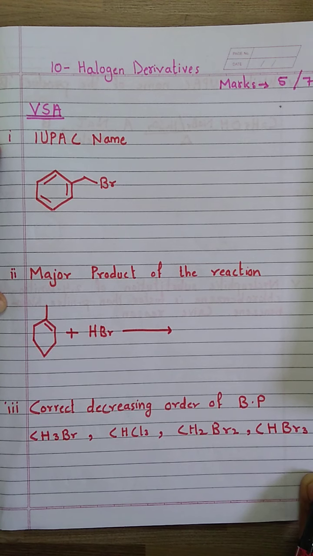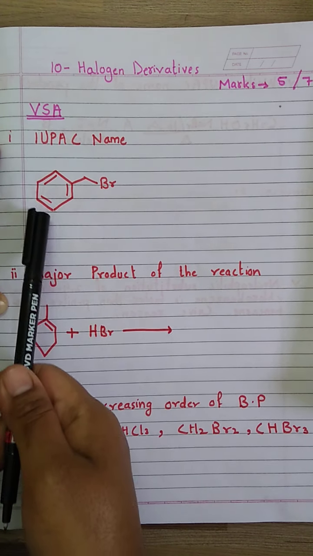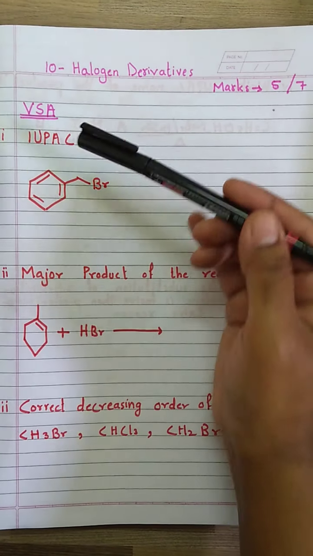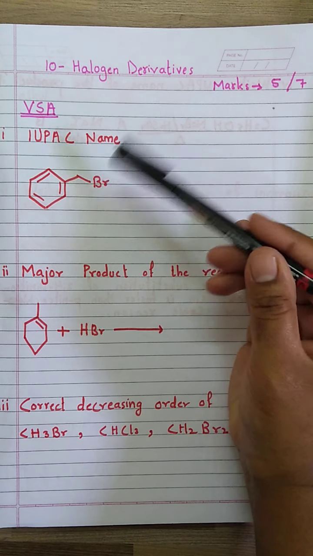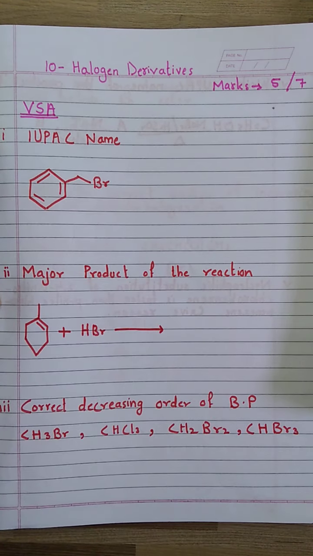Question one is to write the IUPAC name of the given compound. You can see in the picture a phenyl ring, a benzene ring, which is attached to a carbon and then to a bromine. Here at the junction we know that there is a methylene group, that is CH2 group.